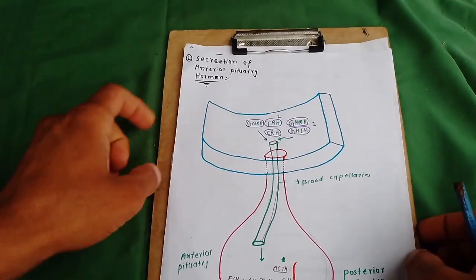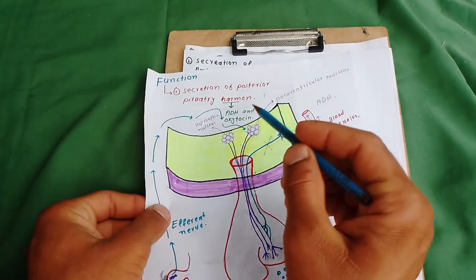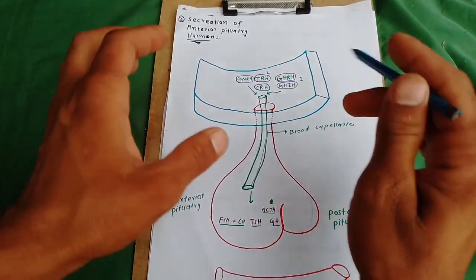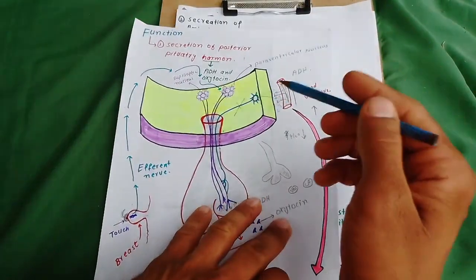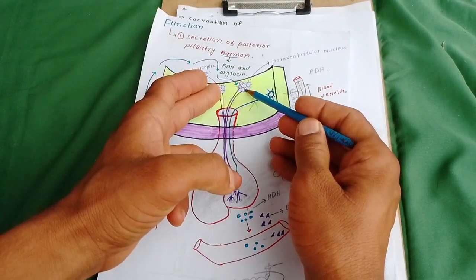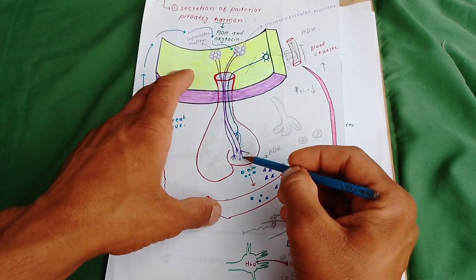Another function, secretion of the anterior pituitary. This is the secretion of the posterior pituitary. The main difference is that the posterior pituitary hormones, ADH and oxytocin, are produced by the hypothalamus and stored in the posterior pituitary lobe.